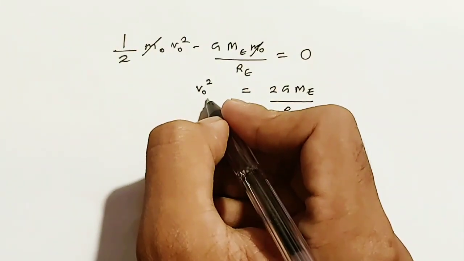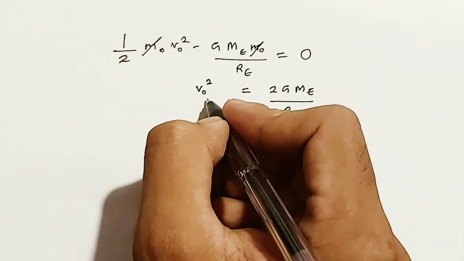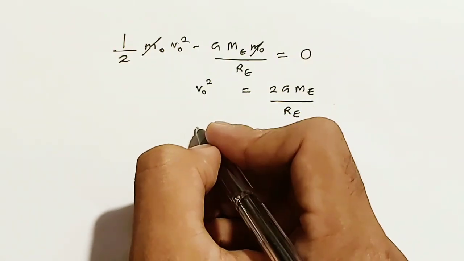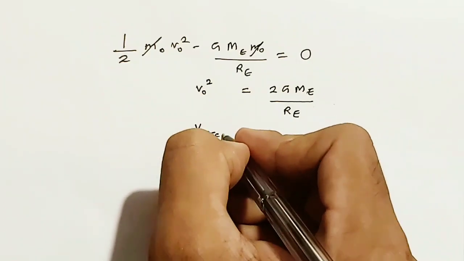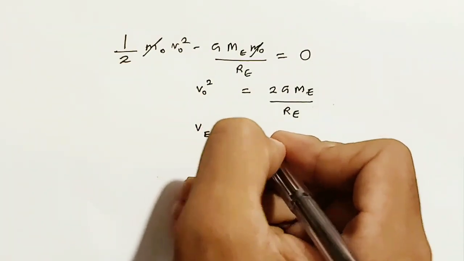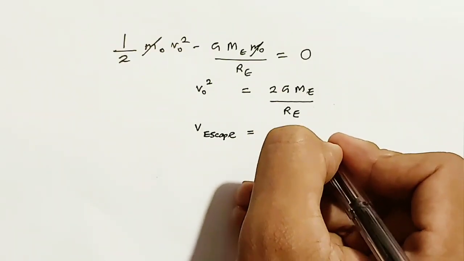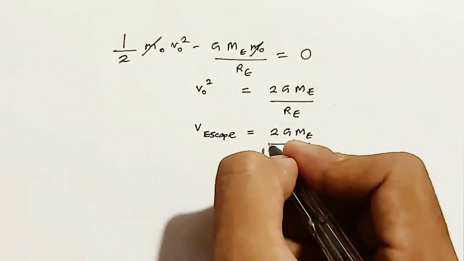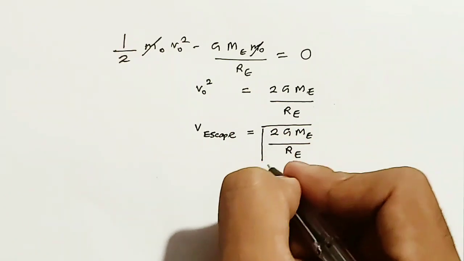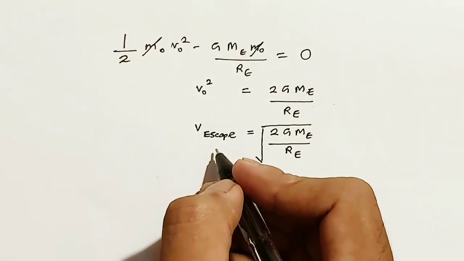This v naught is the velocity required by the object to escape the planet Earth in this situation. So the escape velocity, v escape, is equal to the square root of 2 times G times M_E over R_E. This is the escape velocity of the object.